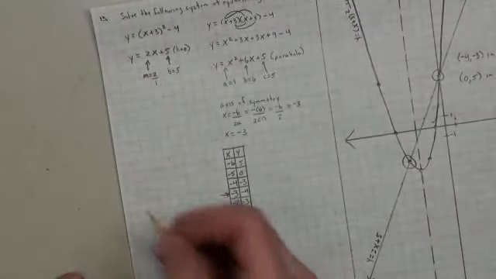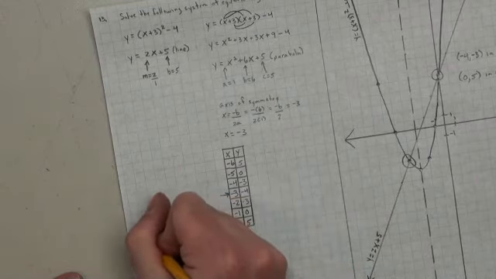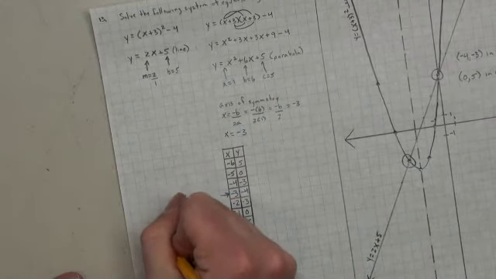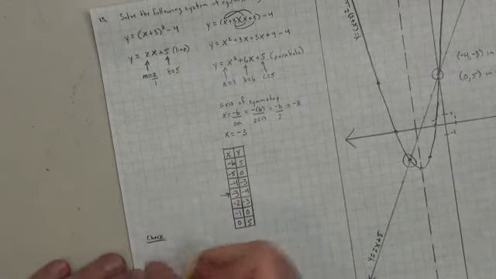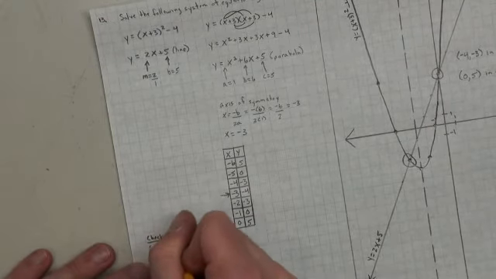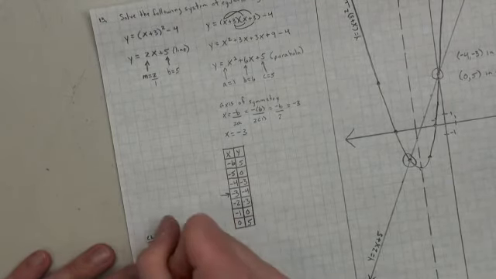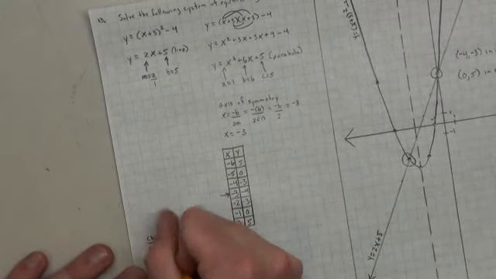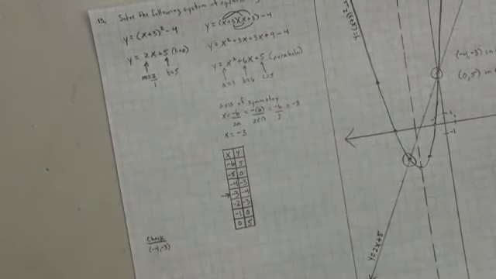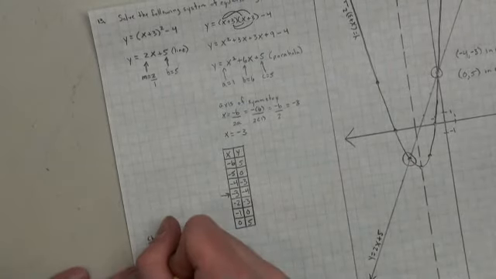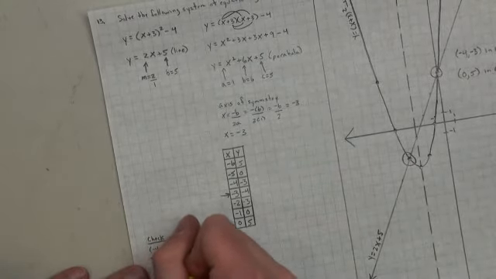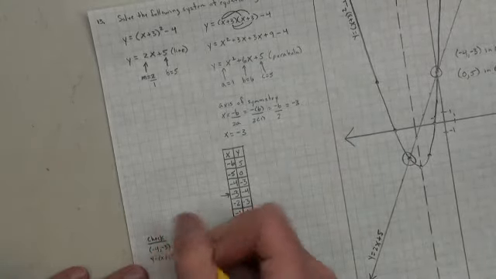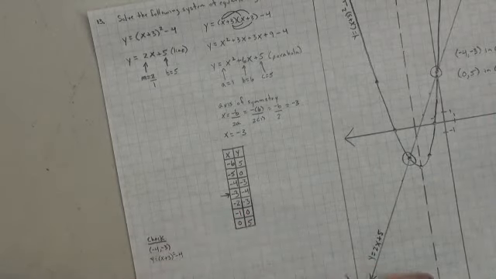Now let's also show our check by hand. -4, -3, and we're going to check that first in y equals (x plus 3) squared minus 4.